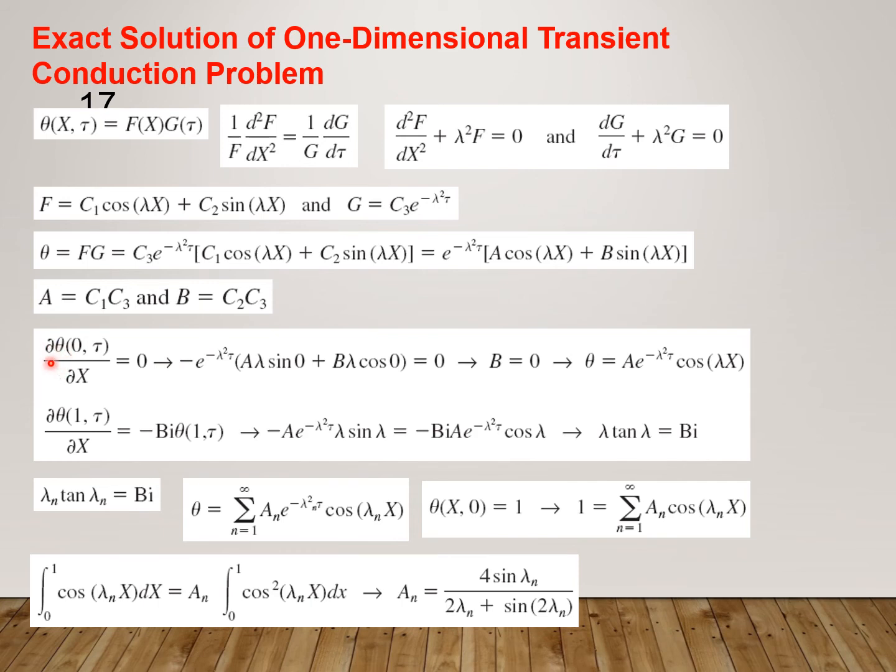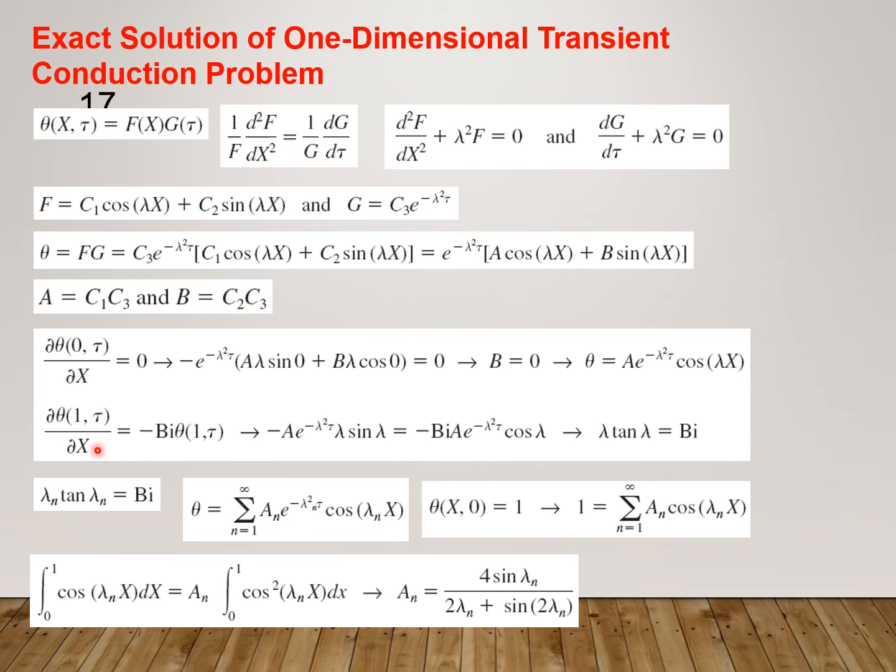So now del theta, which is a function of 0 comma tau, upon del x is equal to 0, which gives minus e to the power minus lambda square tau, a lambda sin 0 plus b lambda cos 0, when we put the value x is equal to 0. So b is equal to 0 and theta is equal to a e to the power minus lambda square tau cos lambda x.